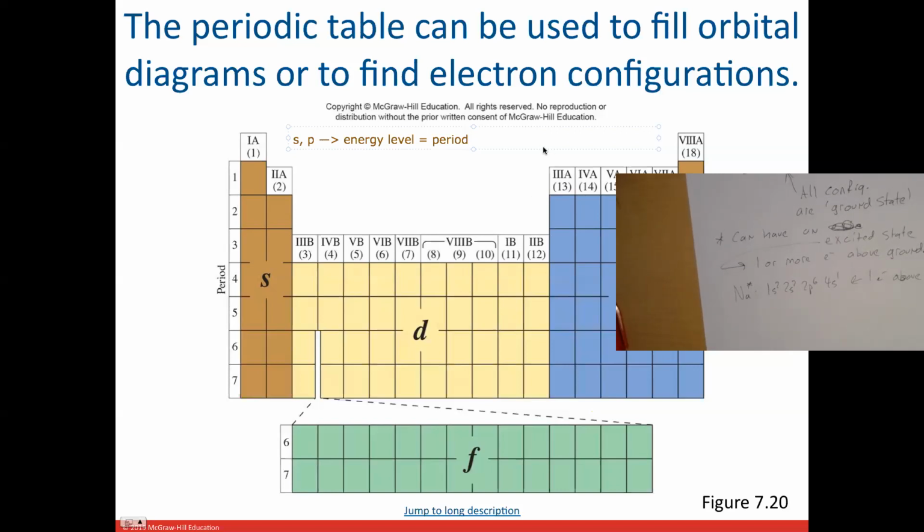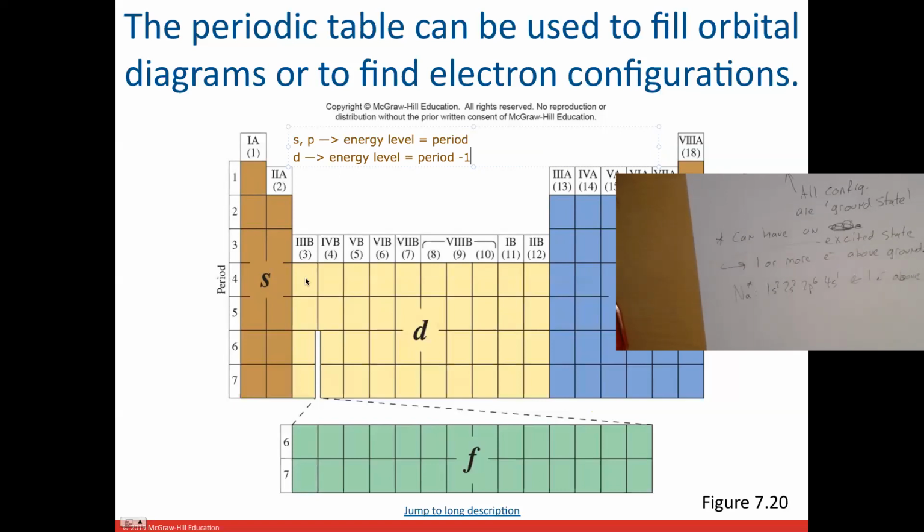For the d, the energy level is equal to the period minus 1. So we go 3s1, 3s2, 3p1, 2, 3, 4, 5, 6. That's argon. And then I fill the 4s1. That's potassium. Potassium's 4s1. Then calcium is 4s2.